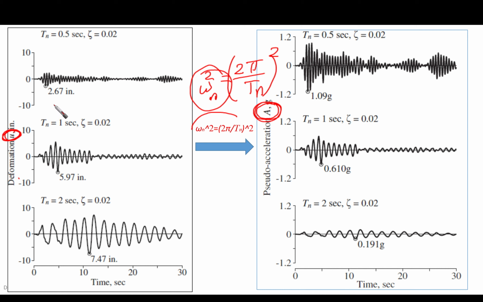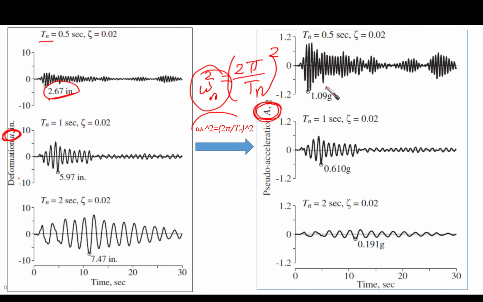So now, omega equals 2 pi over Tn to the power 2. We know Tn here. Multiply omega squared n by each value along this graph.